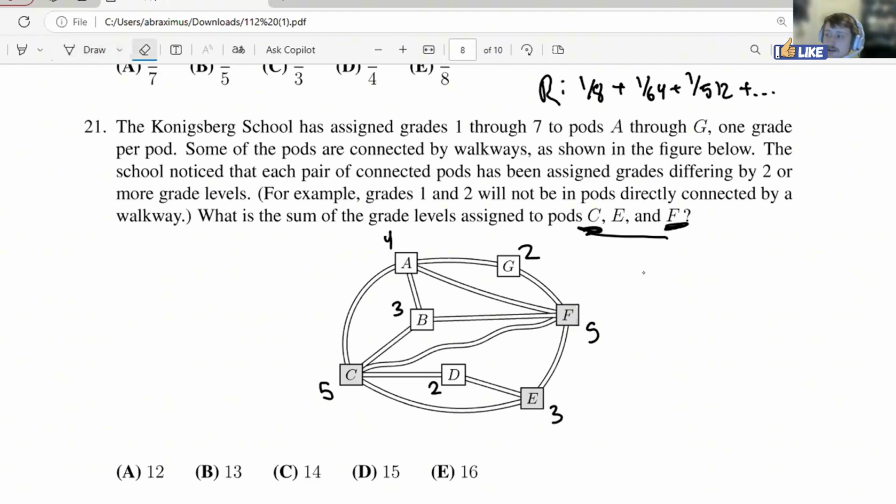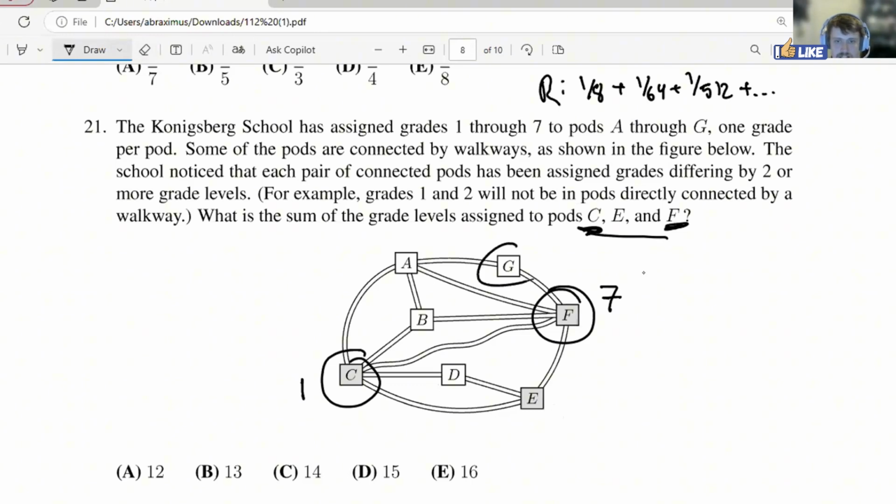Since we're only allowed to choose the numbers 1 through 7, one of these has to be 1 and one of them has to be 7. It doesn't really matter which one is which, so I'm going to say that this is 1 and this is 7. Let me erase the degrees. We know that 1 has to go there and 7 has to go there.